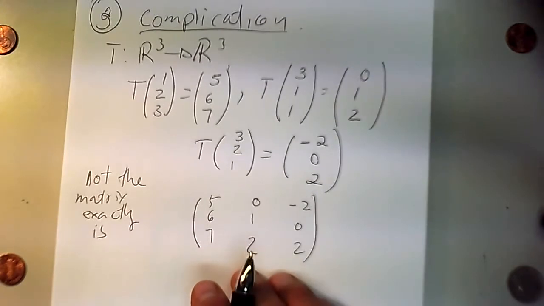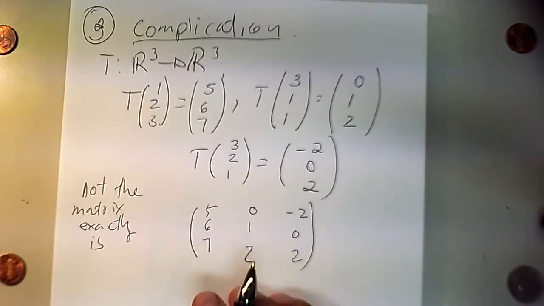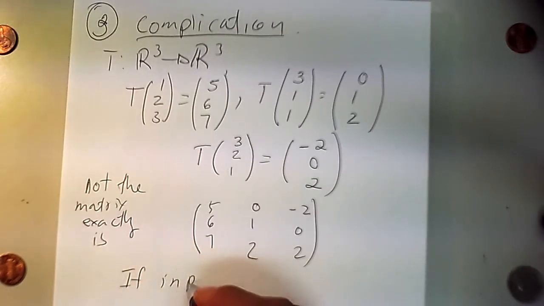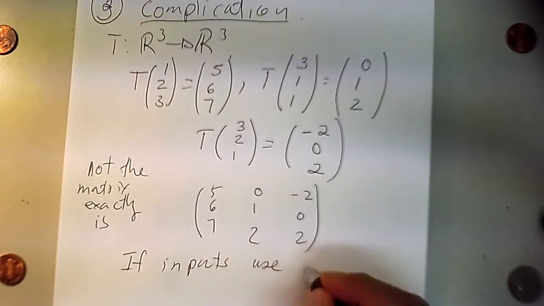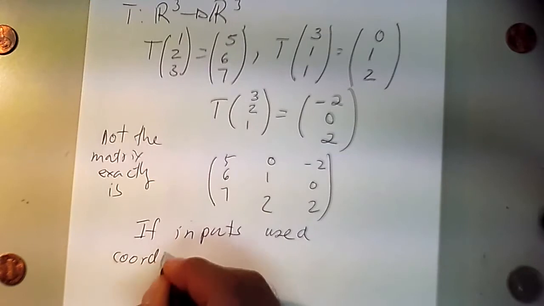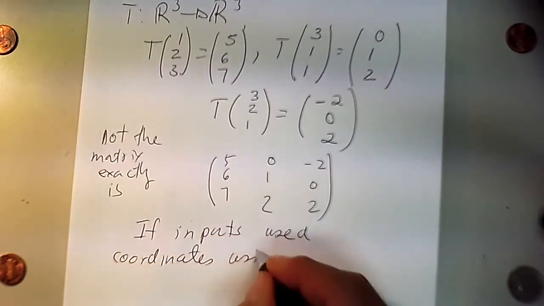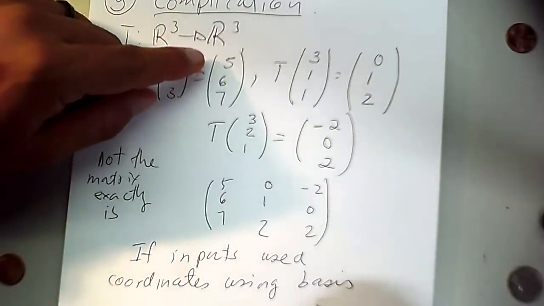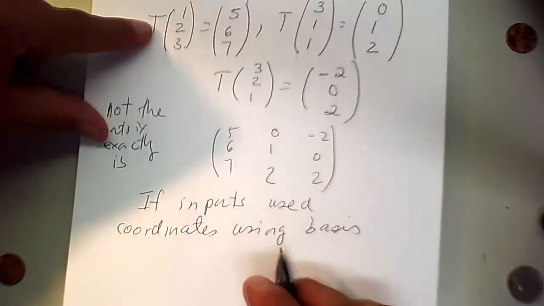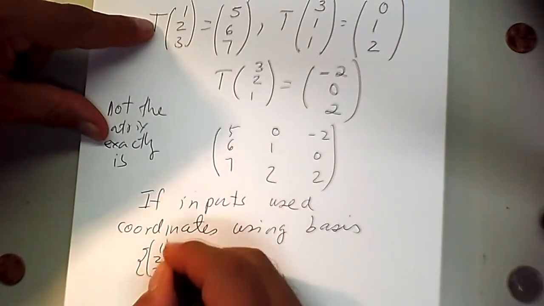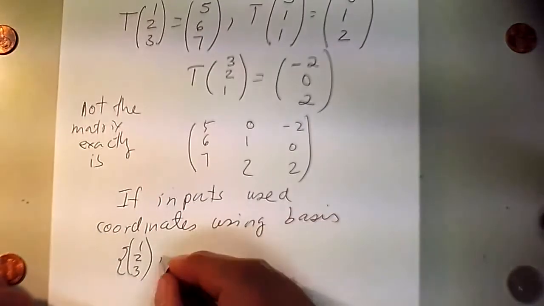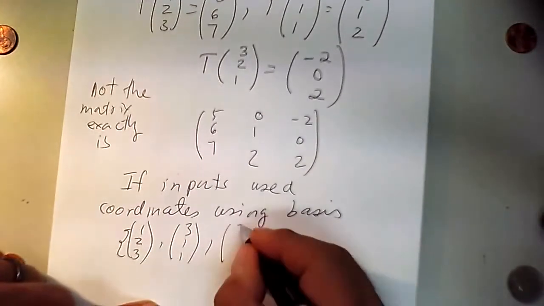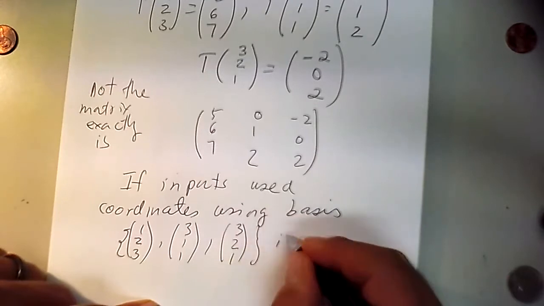there is something to be said about this. This would be true if the inputs used coordinates using basis 1, 2, 3, 3, 1, 1, and 3, 2, 1, in that order.